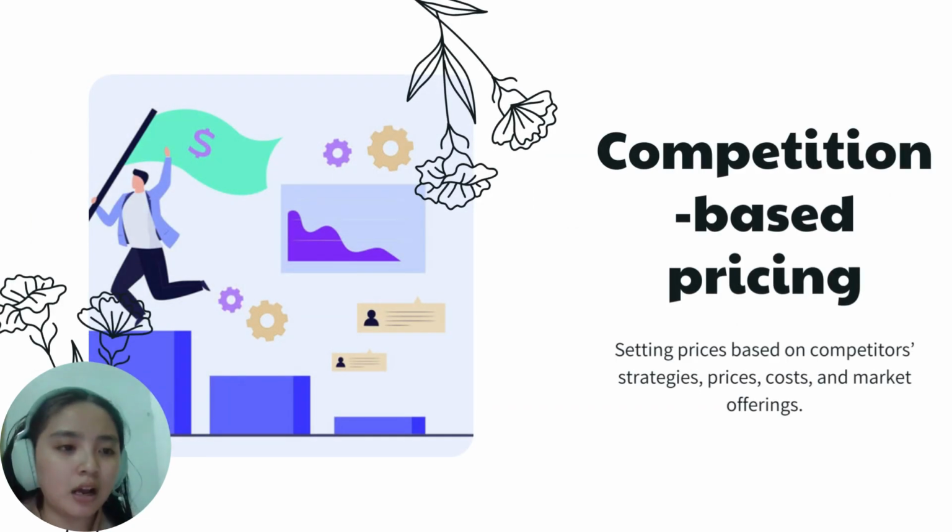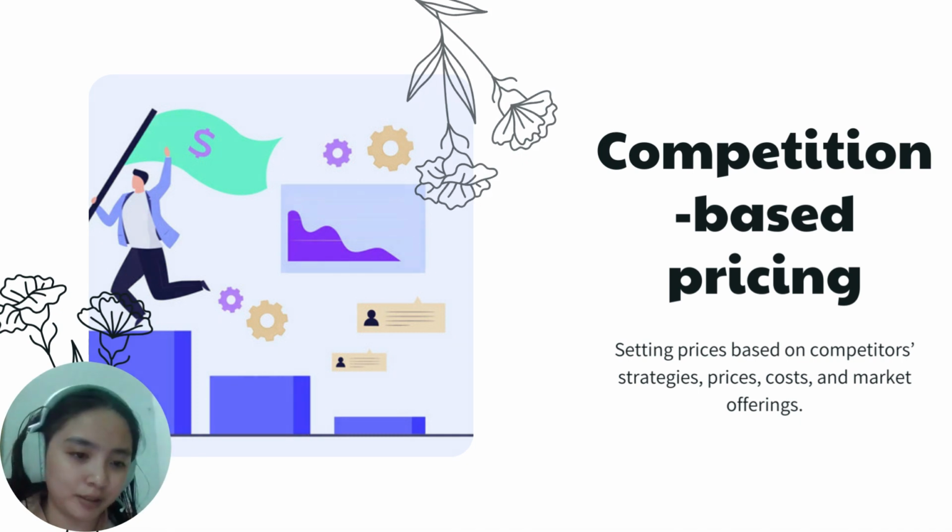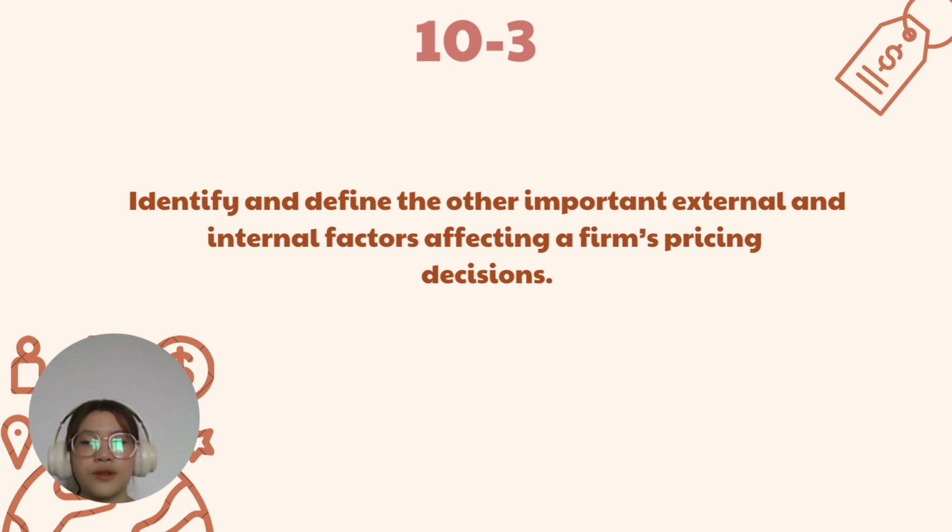Okay, last I will talk about competition-based pricing. Competition-based pricing is setting prices based on competitor strategies, prices, costs, and market offerings. So let's move to the third question: identify and define the other important external and internal factors affecting a firm's pricing decisions.